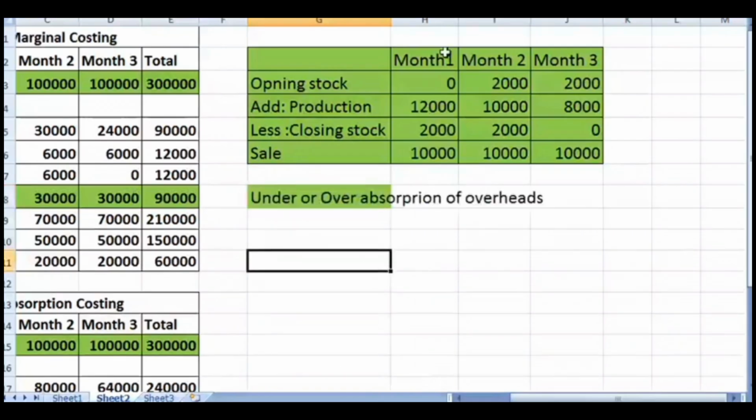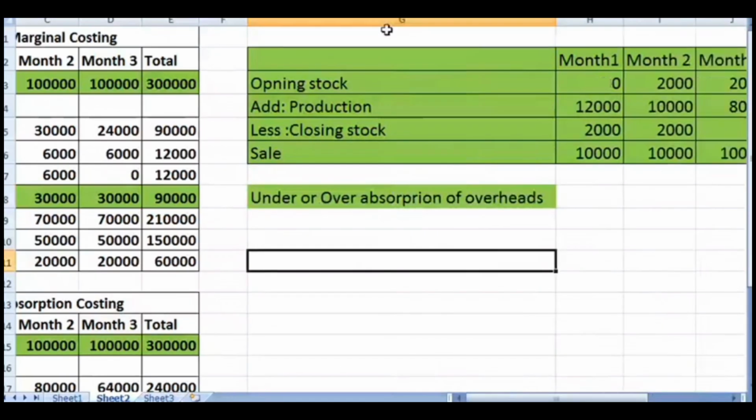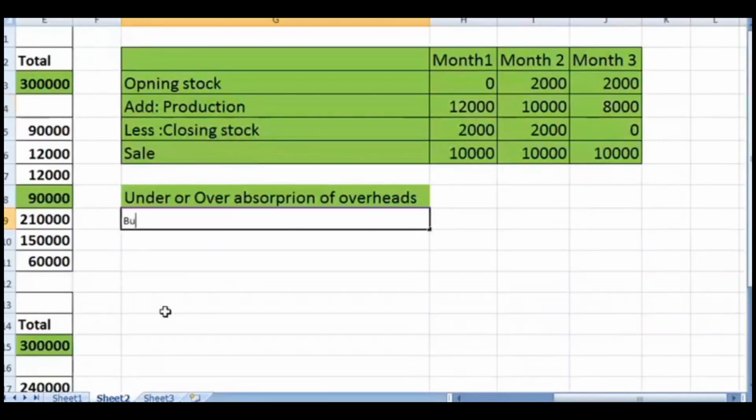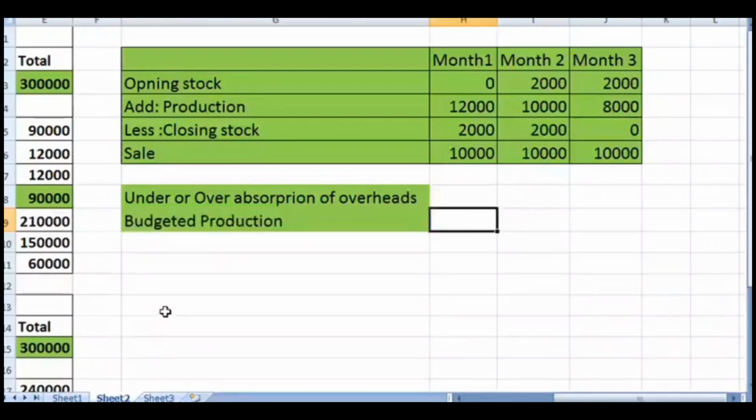Fixed factory overhead is what we have to calculate under or over. Clear? The months are already written above. First we need to write the production, budgeted production and actual production. Budgeted production is 10,000, 10,000 and 10,000.